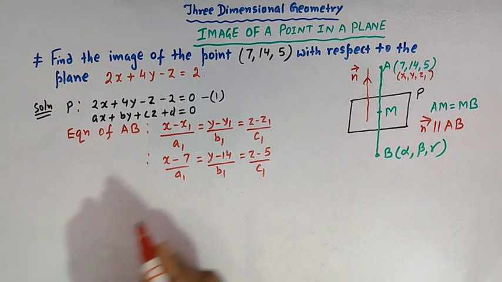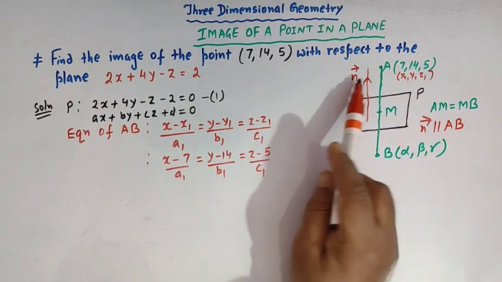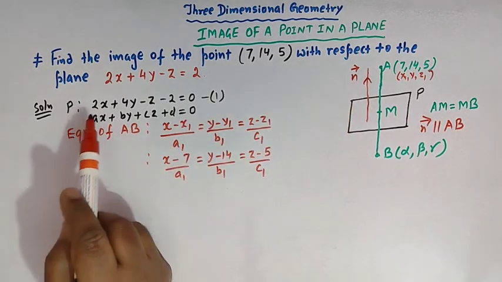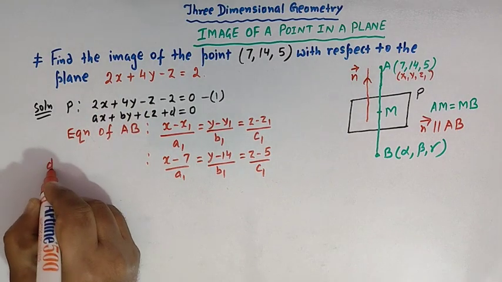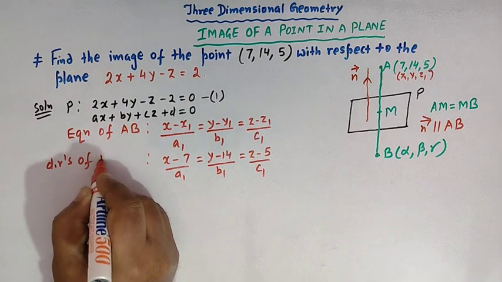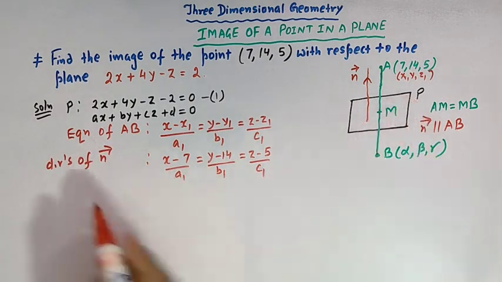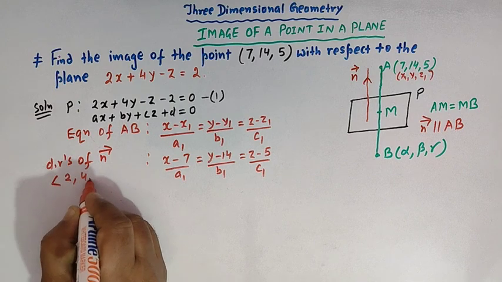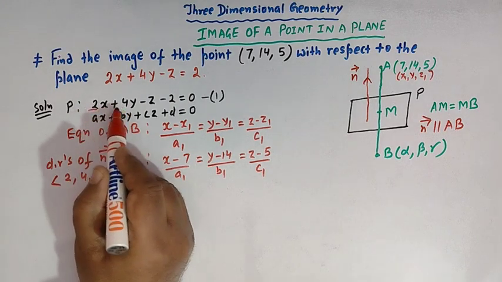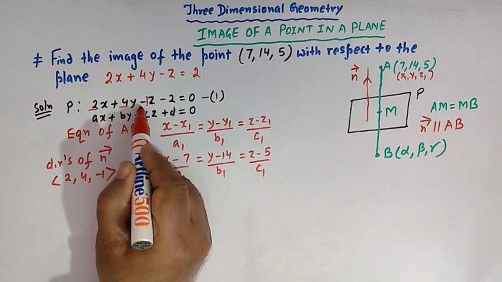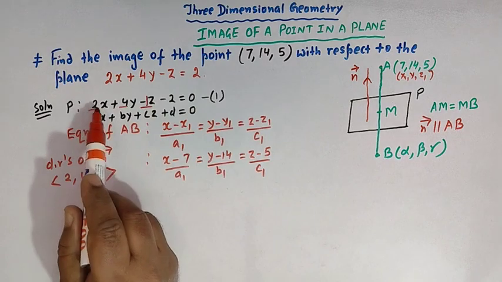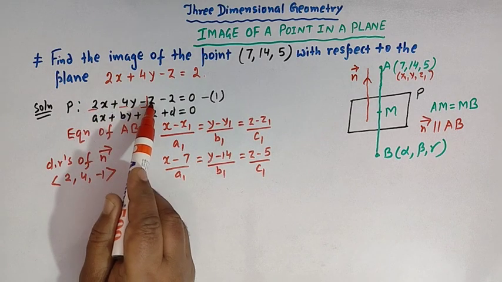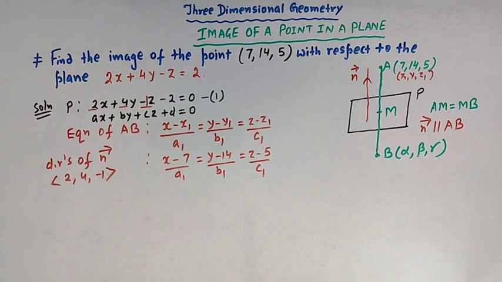The direction ratios of the normal vector to the plane P are given by 2, 4, -1, because the direction ratios of the normal vector are given by the coefficients of x, y, and z in the equation of the plane.